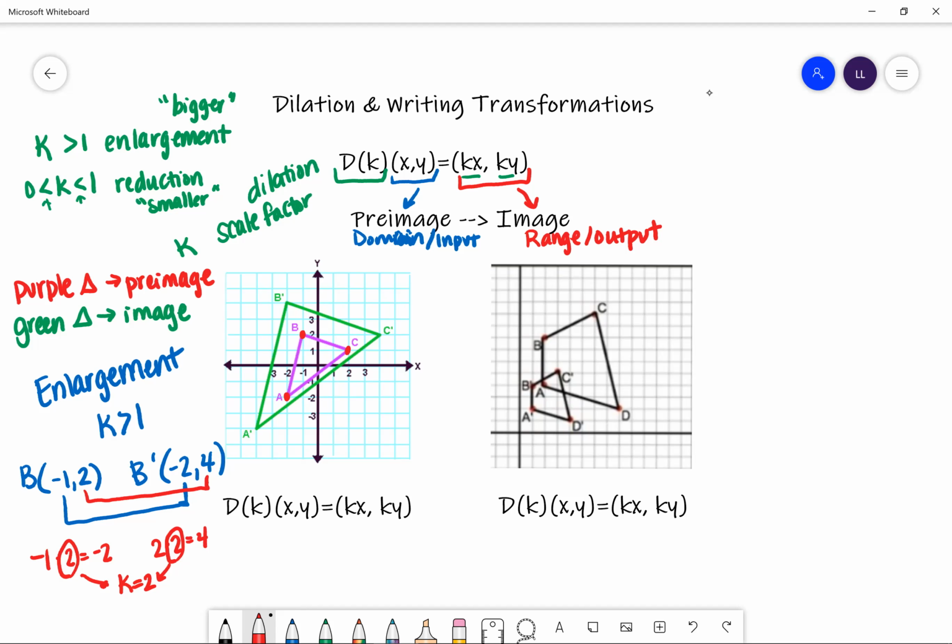So this is how you would write the rule if that's the case. D sub 2, K is 2, (x, y) goes to (2x, 2y). That's how you would write the rule. Now let's do one more thing. Let's make sure that it was dilated by a factor of 2.